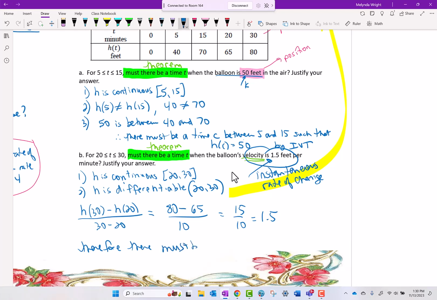There must be a time t between 20 and 30 for which h of 30 minus h of 20 over 30 minus 20 equals 1.5. And there's our MVT.